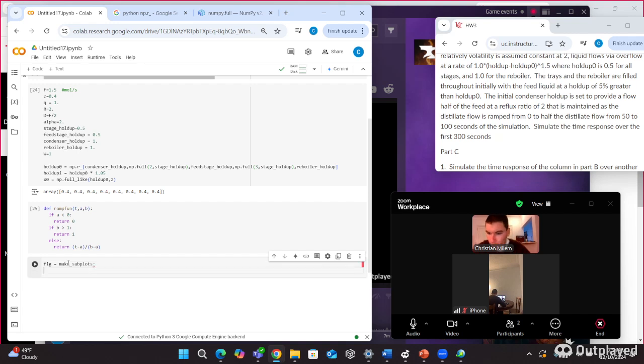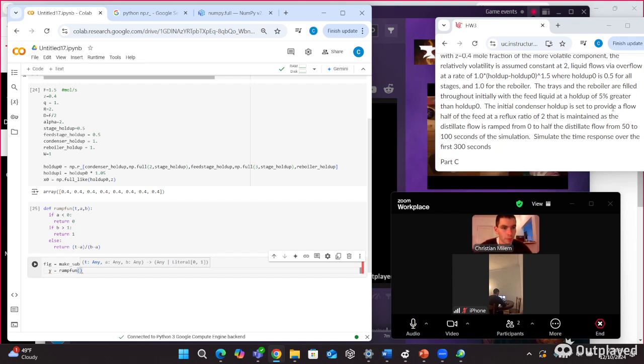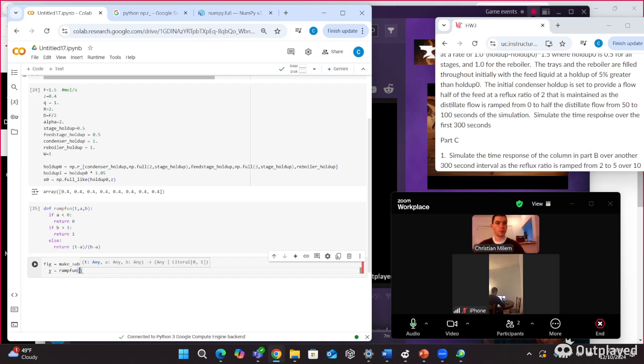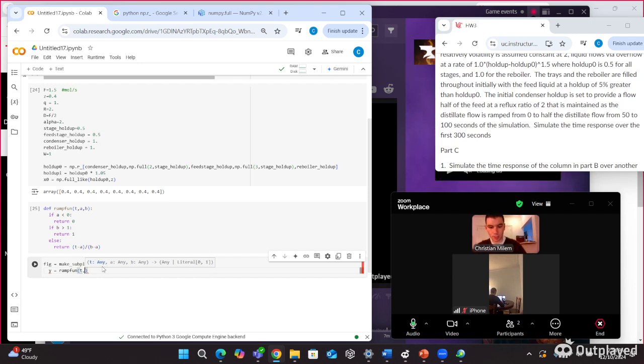We'll have y equal to ramp function. Let's do an example of what's actually going to happen. So we'll do T 50 to 100. We'll do 300.